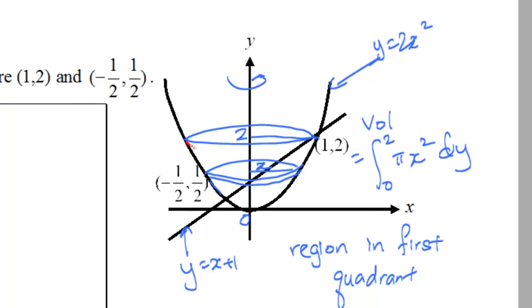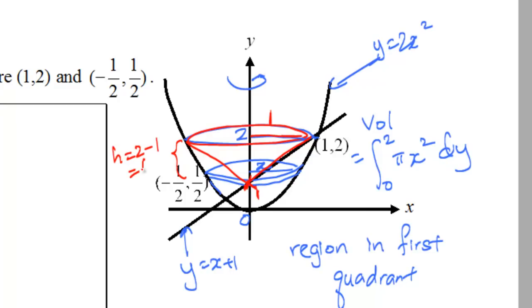Volume of the cone will be the volume that I'm outlining in red now. The radius of the cone will be 1, and the height of the cone will be 2 minus 1, because at this point here, you realize that is 1.